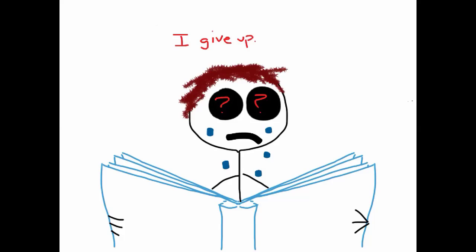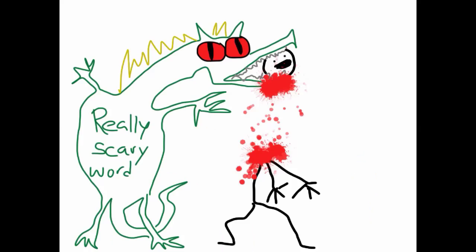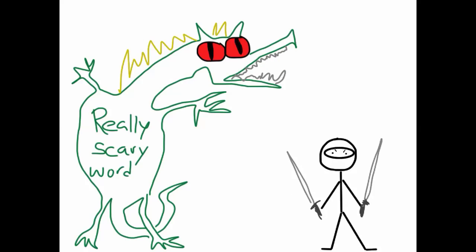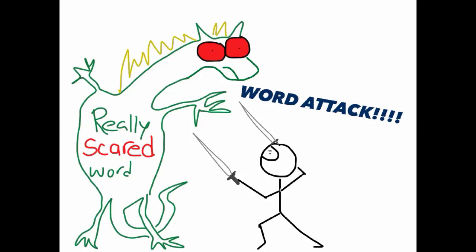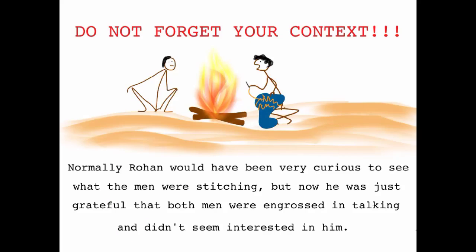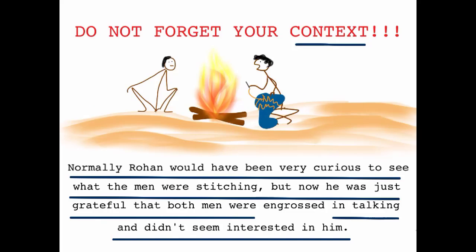Okay, so context clues haven't gotten you very far and you're still clueless when it comes to what your word means. It's time for individual word attack! Keeping the context in mind, think of a word that looks like or sounds like the unfamiliar word.